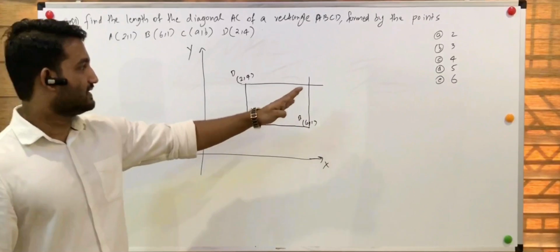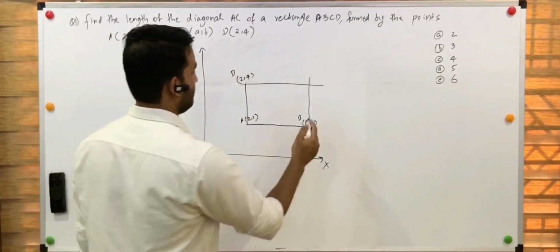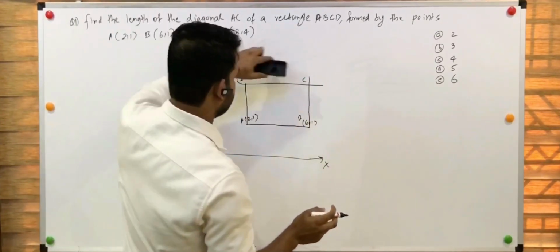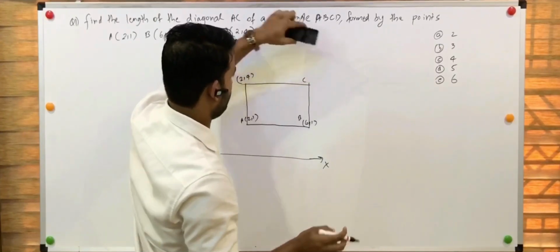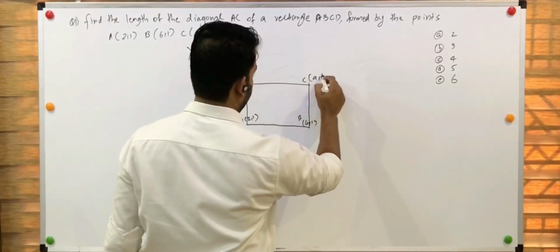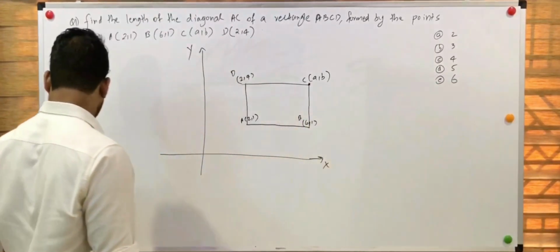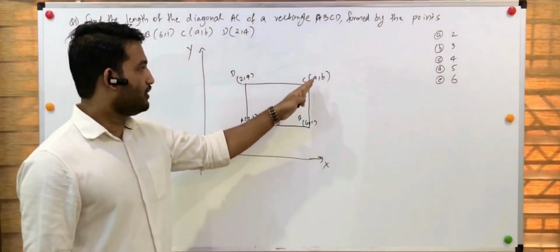Now the intersection point of these 2 lines will give the point C. Now we have located the point C.